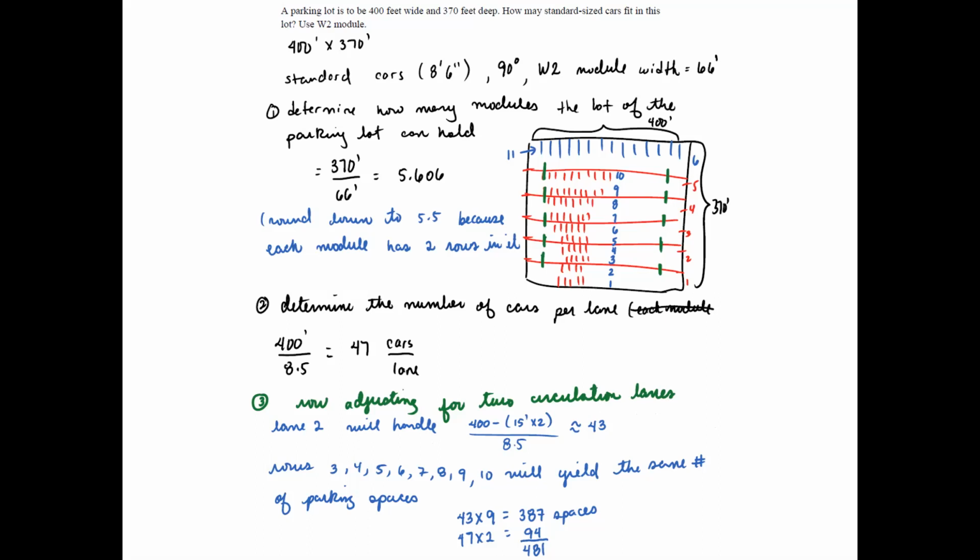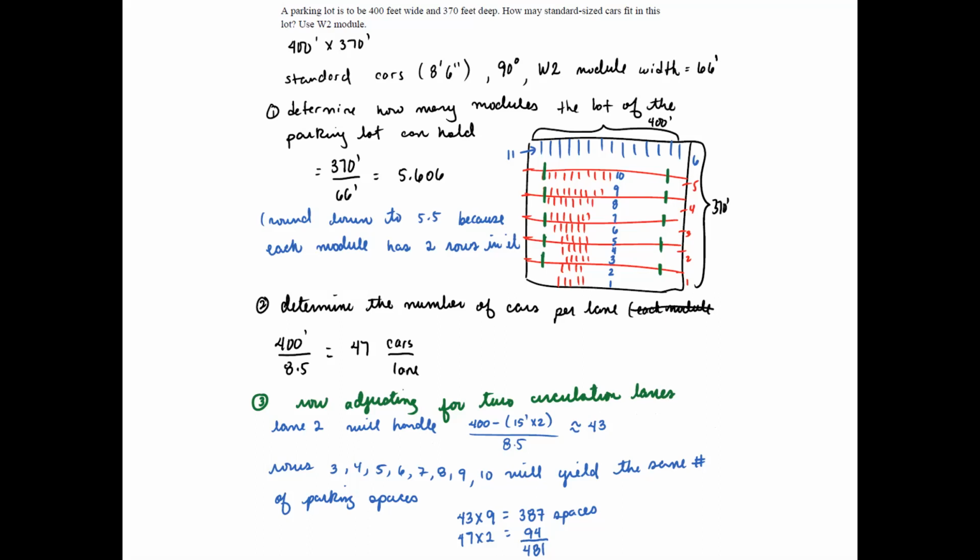Based on that decision, if you're going to use the width at 370 or 400 feet, the number of spaces that you're going to be able to fit is going to change. In this case, if you divide 370 feet by 66 feet, that gives you 5.6 modules.